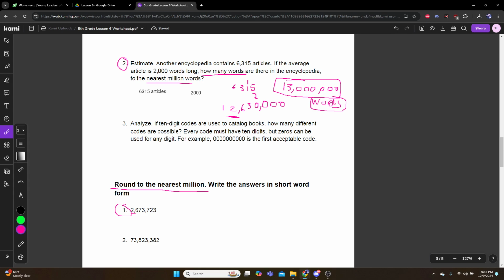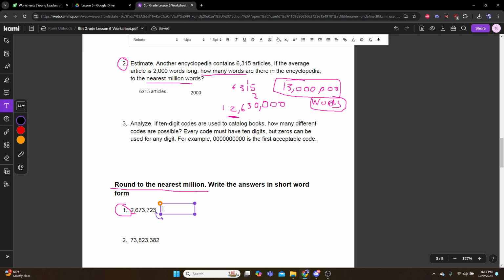So we would round the 2 up. So this would become 3 million. But now that we have the number that's rounded, we need to write the answer in short word form. So in short word form, it would just become 3 million.